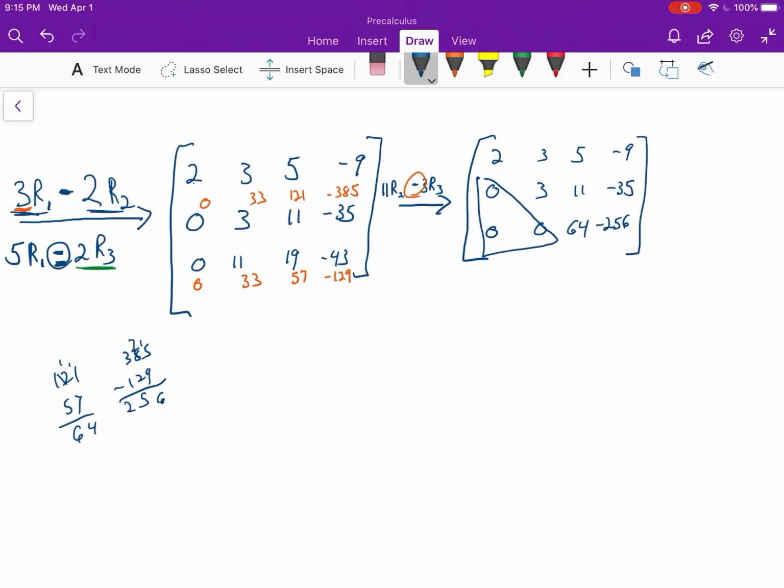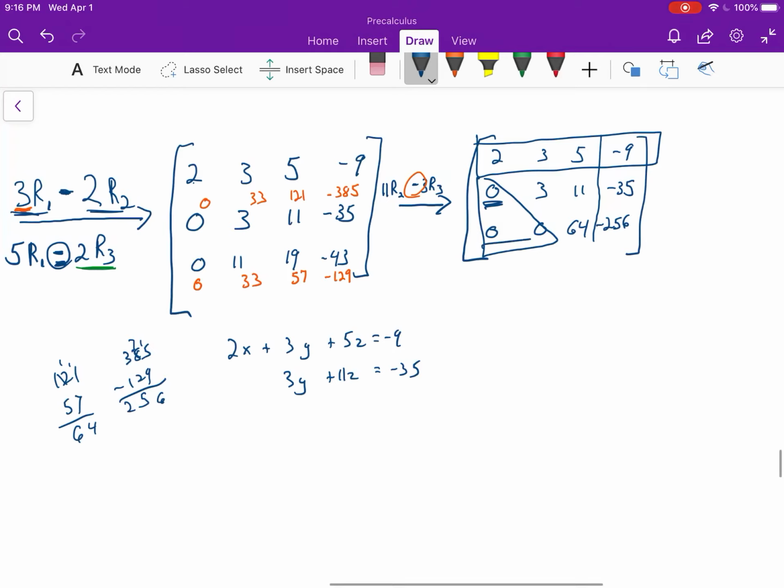So from here we can change it back to our system of equations. We're just writing our equations, putting x, y, and z back in here. We have no x's, 3y plus 11z equals negative 35, and no x's or y's, so we have 64z equals negative 256.